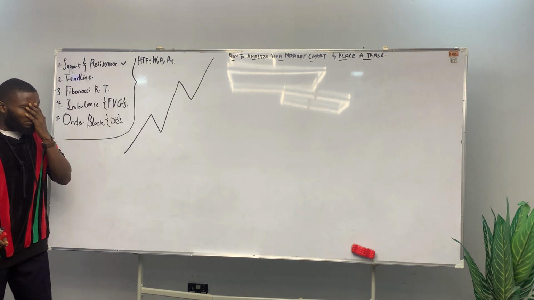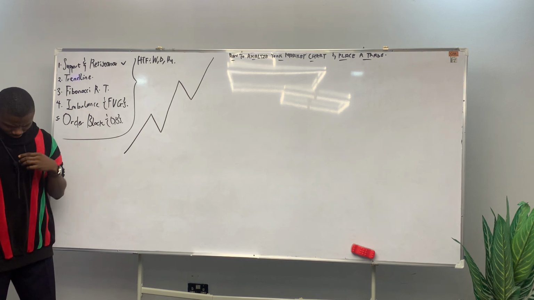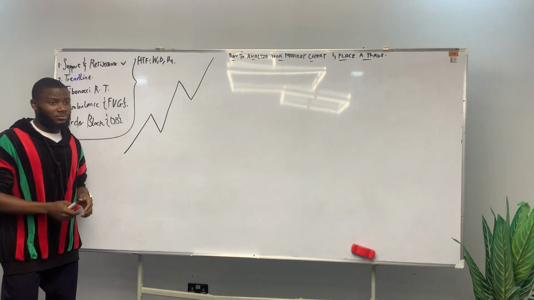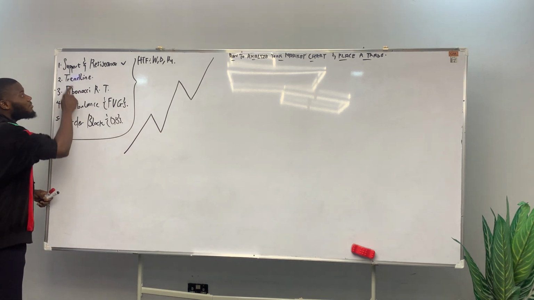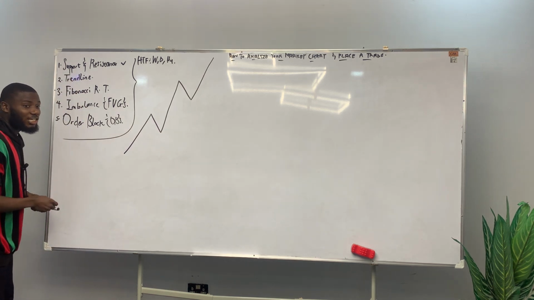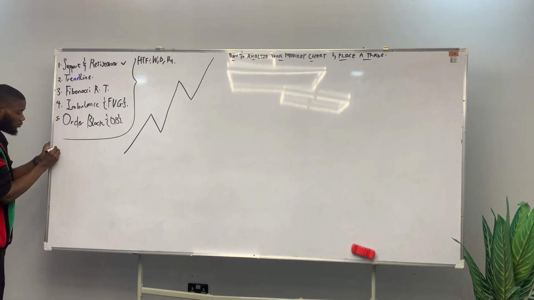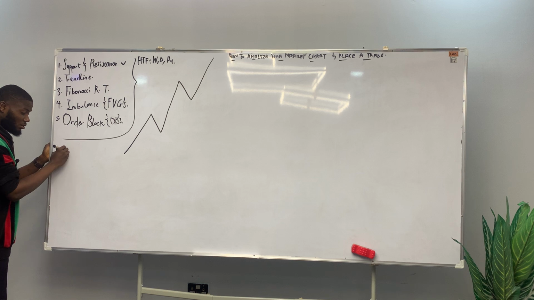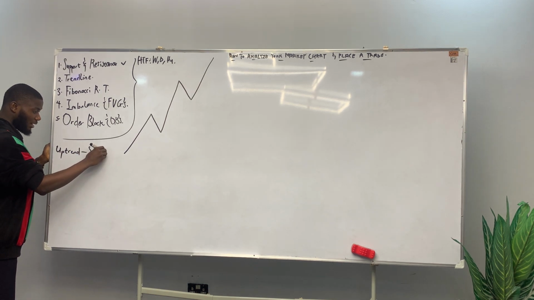So let's start with uptrend. I want to apply support and resistance. In an uptrend, we use support.